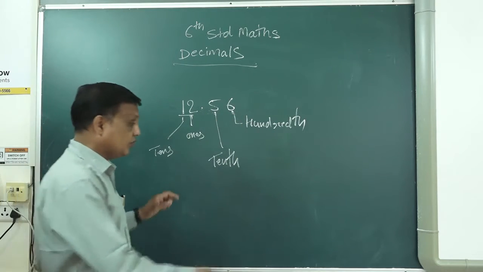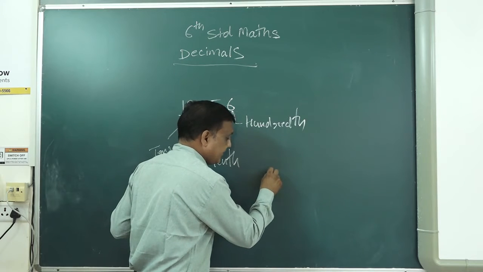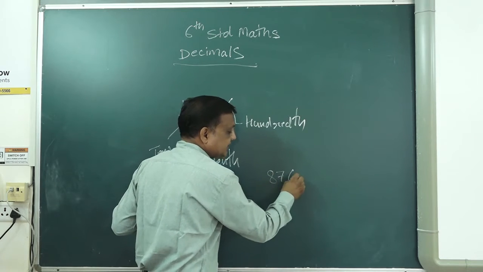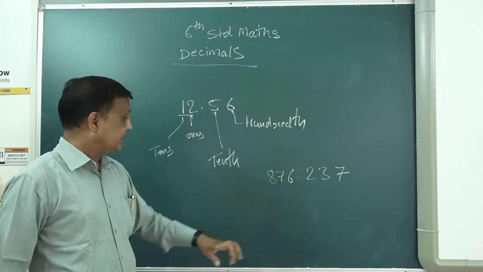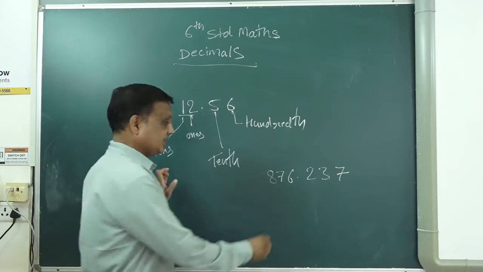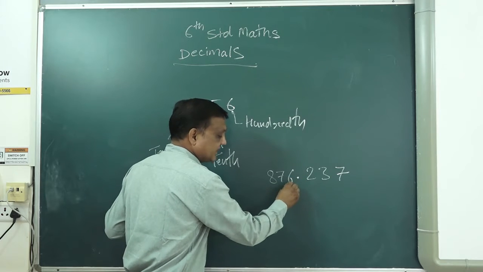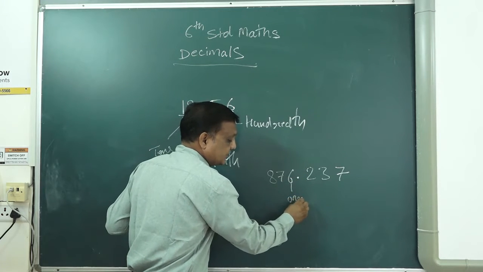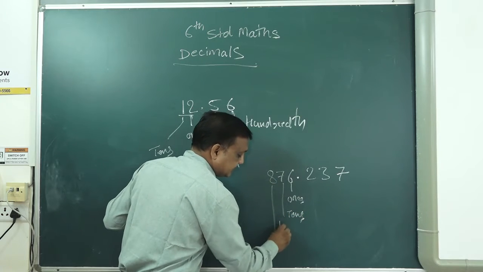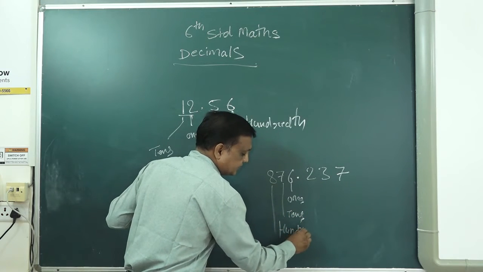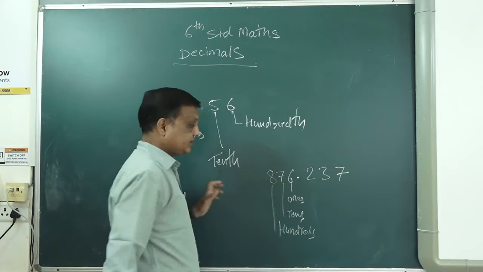Here I am taking one more example: 876.237. This is a decimal. The first digit before the decimal is ones, the second digit is tens, and the third digit is hundreds.